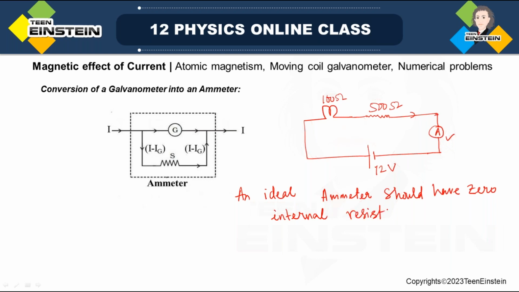What does that mean? If the current is I in this circuit, the whole current should pass through the ammeter.